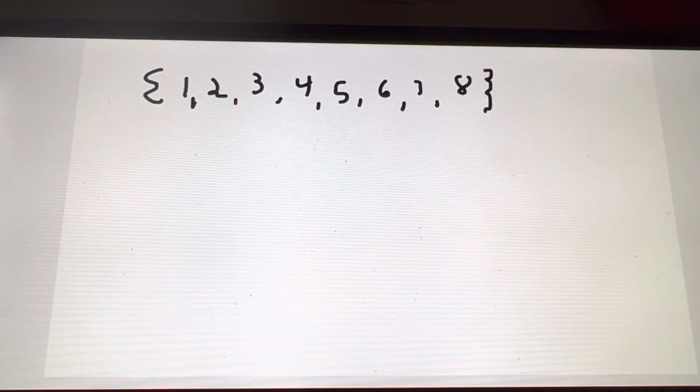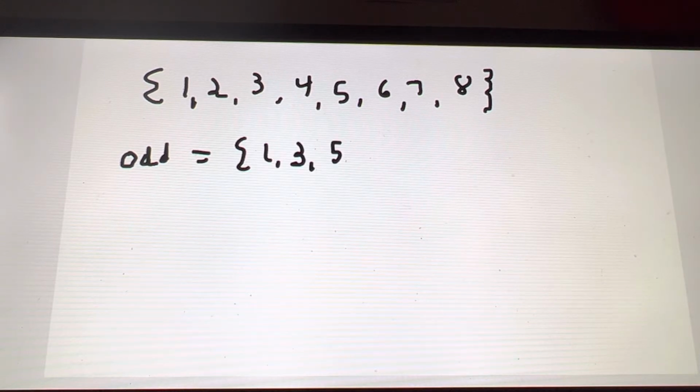A universal set is everything you have to work with in a given problem. They're giving me a really large one with integers because they go forever, but if I just make a smaller one, 1 through 8. If I want the set of odd numbers in this set, it's 1, 3, 5, 7. This is a subset of the universal set because it's a smaller part of it, but everything in it is contained in the first one.